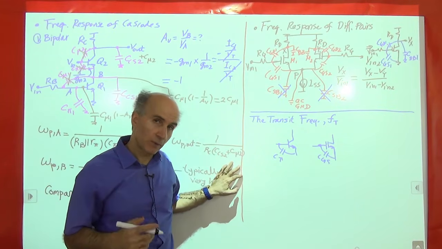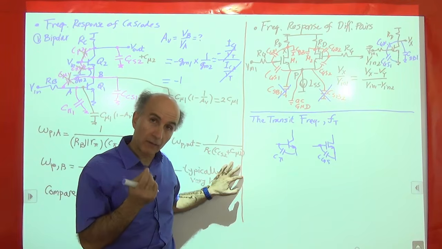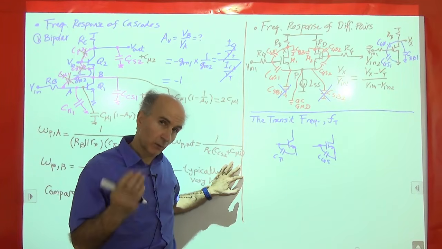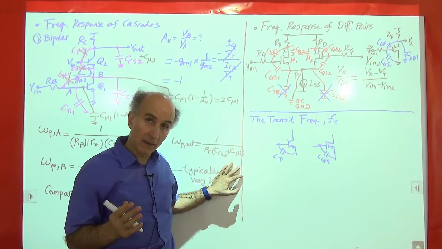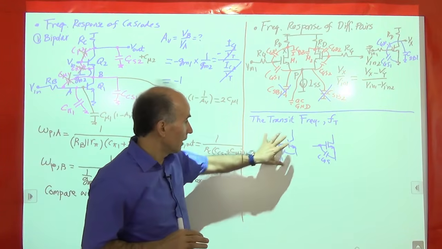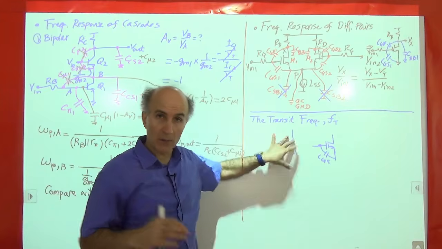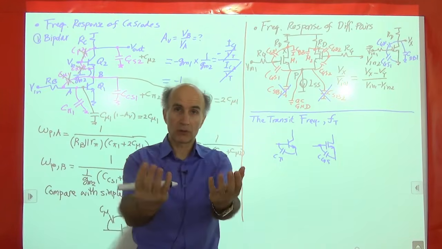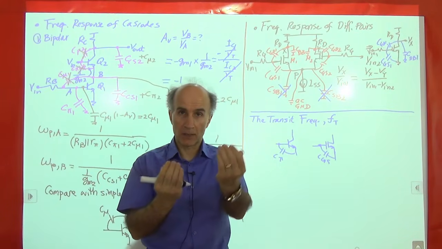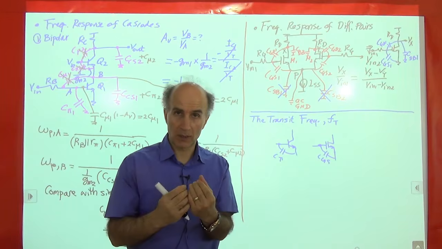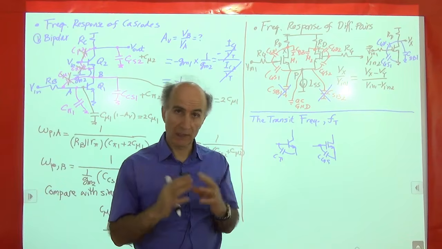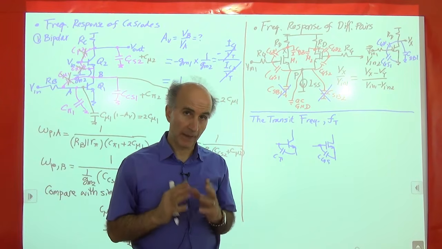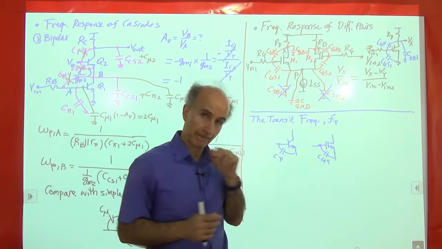But we are still looking for a single number, a figure of merit that would tell us how good a transistor is, or at least would allow us to compare one bipolar transistor with another one. So if I give you two bipolar devices and I say which one is better in terms of high frequency operation, maybe we can find a single figure of merit that will reveal that information. And that figure of merit is called the FT.